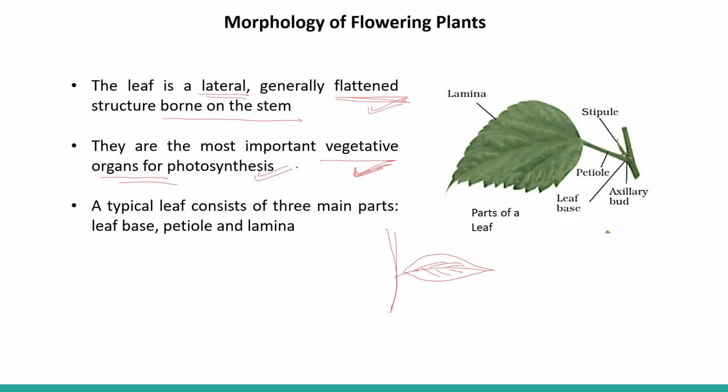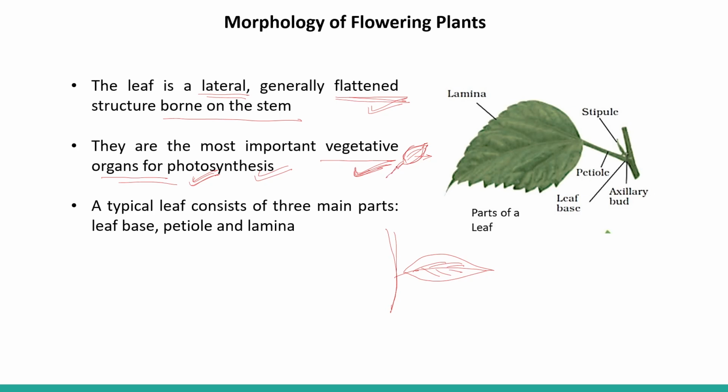But the major function of leaves is to perform photosynthesis, whereas the sepal's primary function is to protect the flower when it is in the bud stage. Apart from protecting the bud, they also do photosynthesis.